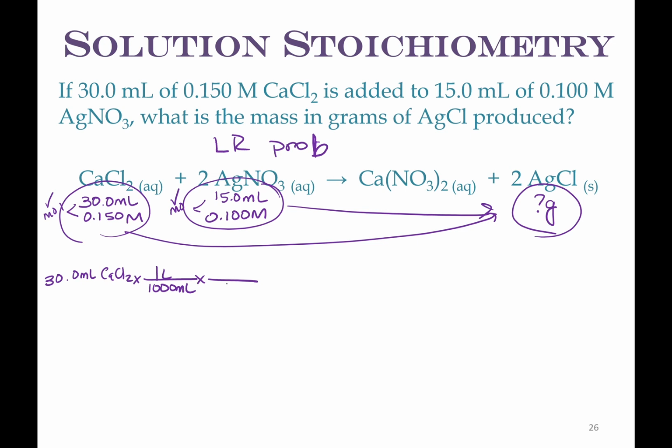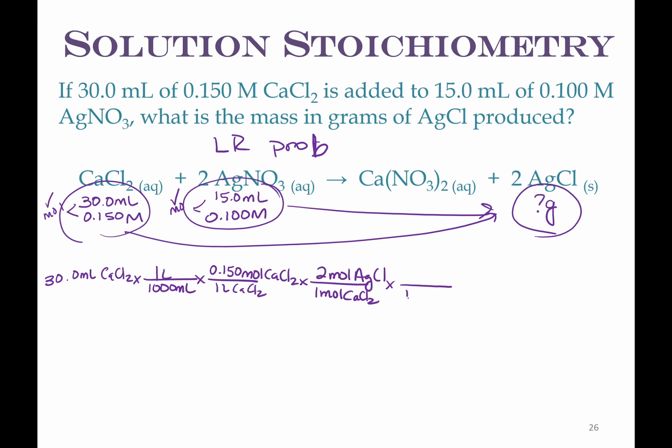All right, so for every 1 liter of the calcium chloride solution, there are 0.150 moles of the calcium chloride. Now, for 1 mole of calcium chloride, we will get 2 moles of silver chloride that are going to precipitate out. And for every 1 mole of silver chloride, we have to get the mass of that, 107.87 plus chloride is 35.45.